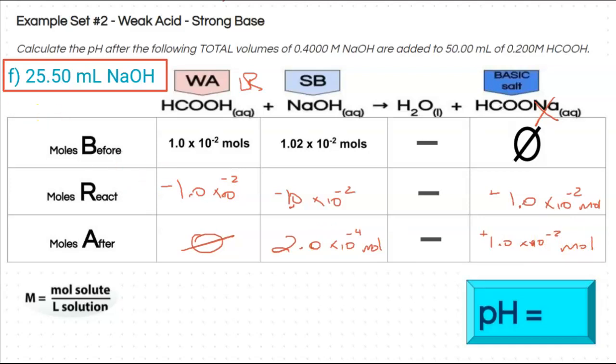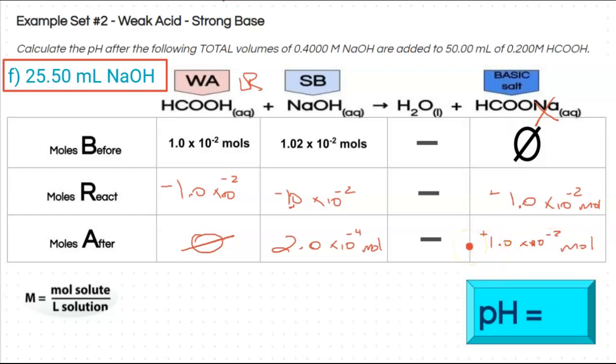But because we have sodium hydroxide left over, and because it is a strong base, it is going to so completely dominate the solution that the amount of conjugate base that we formed is negligible.